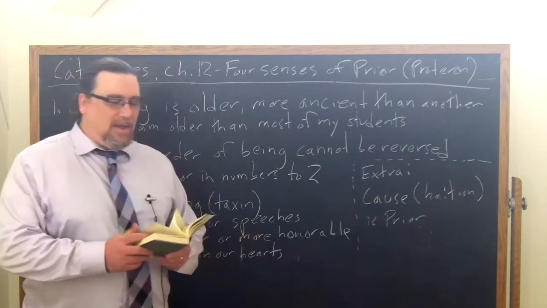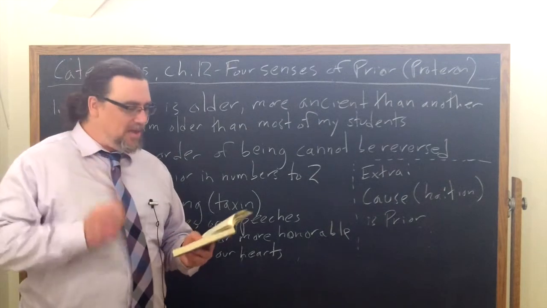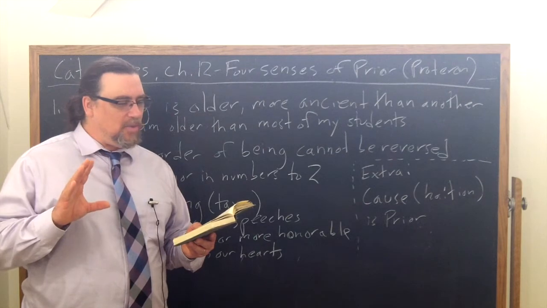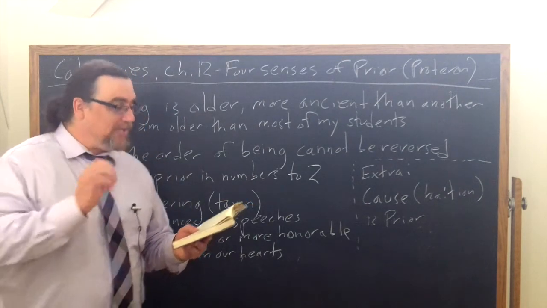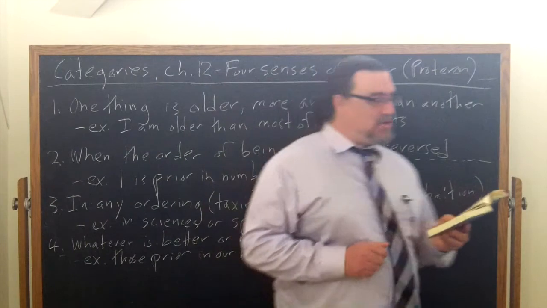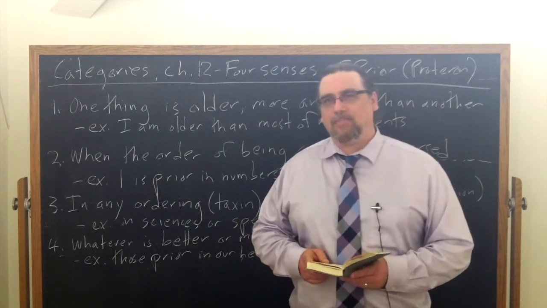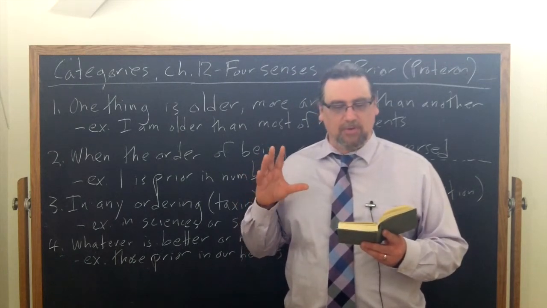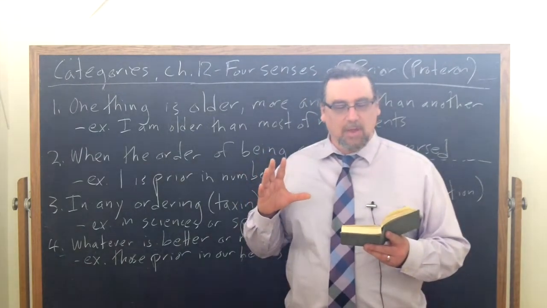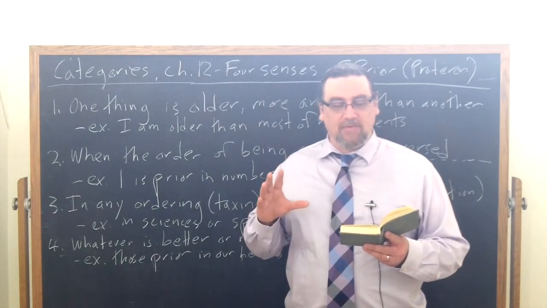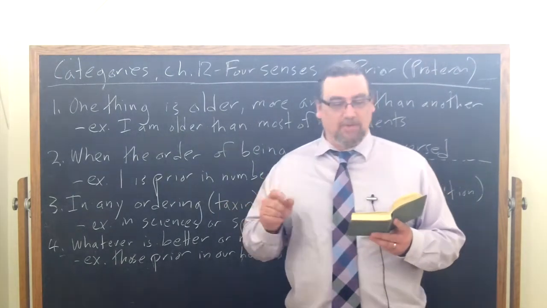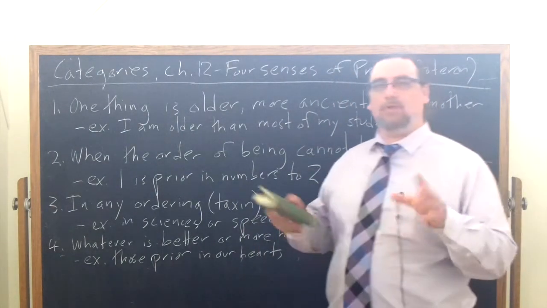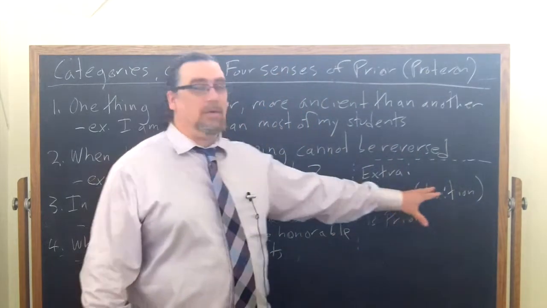Then he goes on, and there's a long discussion of a fifth kind. He says, these are, I think, the four distinct senses in which we may use the term prior, but another might seem to exist beyond those we've already mentioned. What would this other be? So he starts getting into some interesting technical terms here. He says, in the case of two things, where the existence of either implies or necessitates the other, that thing which is somehow the cause, and here he uses the term cause, aition.